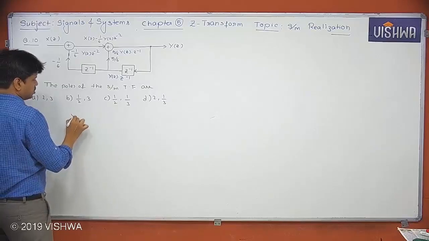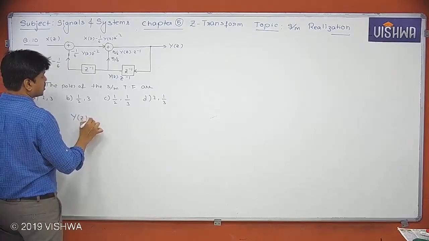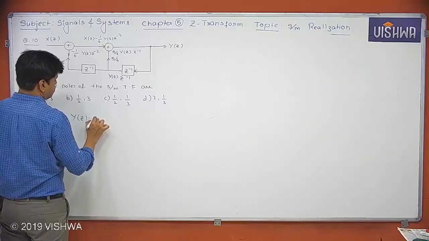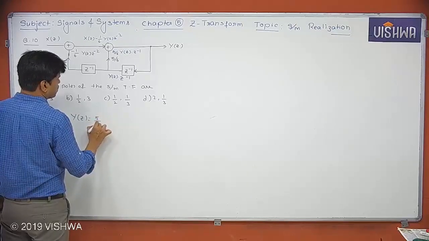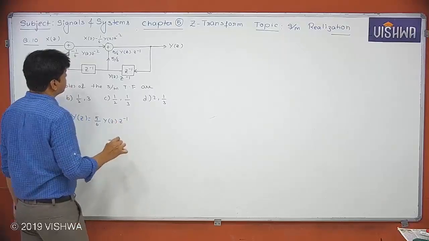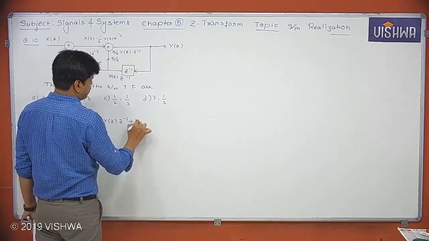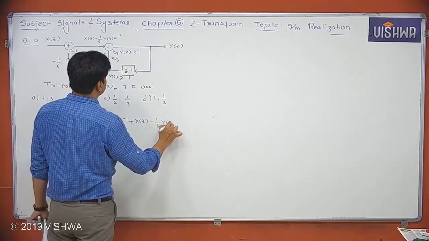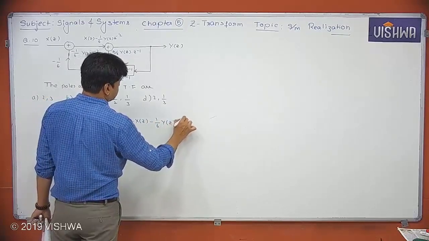So in short, Y of z is equal to 5 by 6 Y of z, z inverse plus X of z minus 1 by 6 Y of z, z power minus 2.